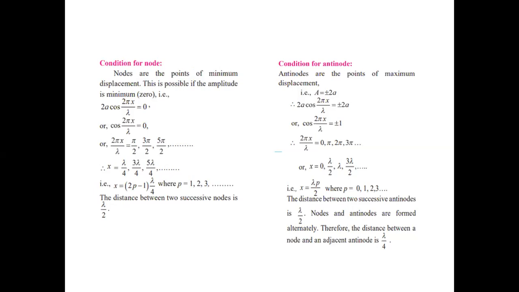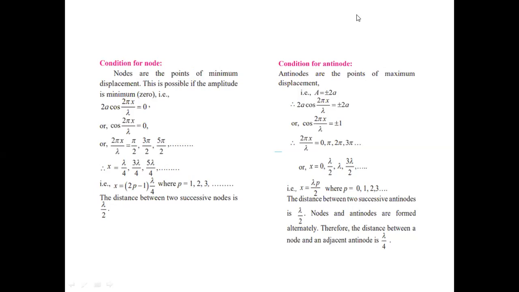In general, we can write x is equal to p lambda upon 2, that means integral multiples of lambda upon 2, where p takes the values 0, 1, 2, 3, 4 and so on. The distance between two successive antinodes is also lambda upon 2.